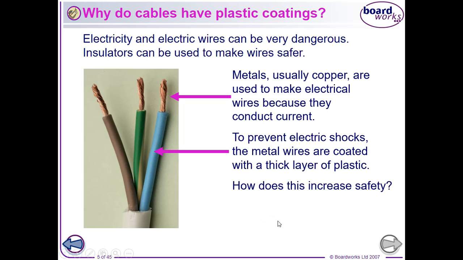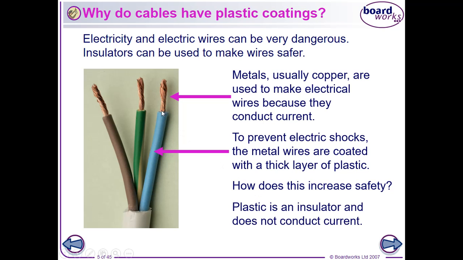For safety, this does not allow the current to conduct into us if we touch the wire. And also, in these, we've got live, earth, and neutral. These plastic coatings don't let the three different wires touch each other, so you can't get the current from the live wire going directly to earth or going directly to the neutral.